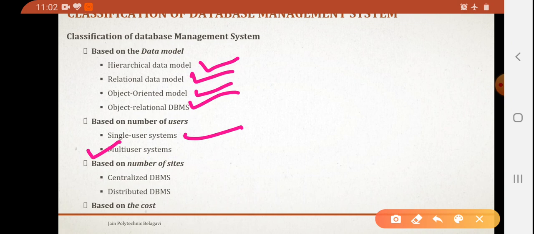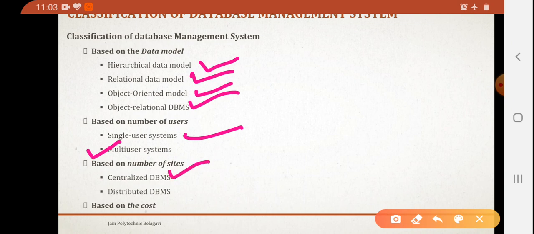The third one is based on the number of sites: centralized DBMS and distributed DBMS. In a centralized DBMS, the data is stored at a single computer site. It can support multiple users, but the DBMS and the database reside totally at a single computer.